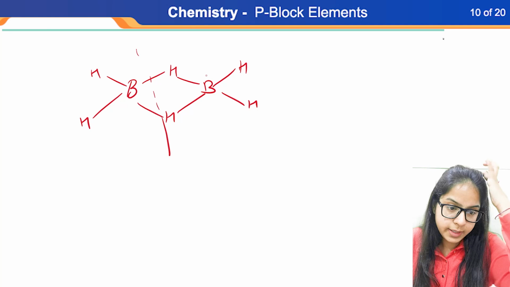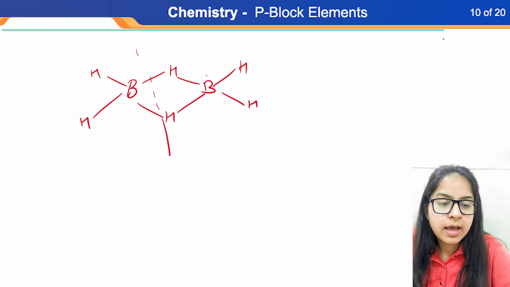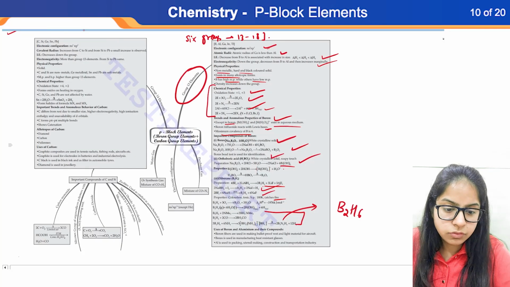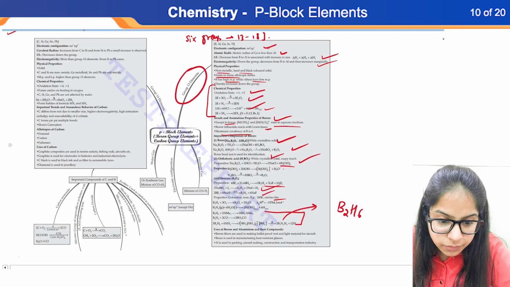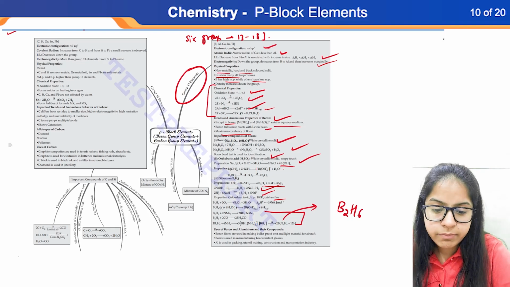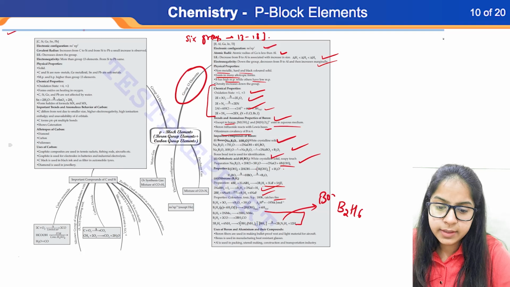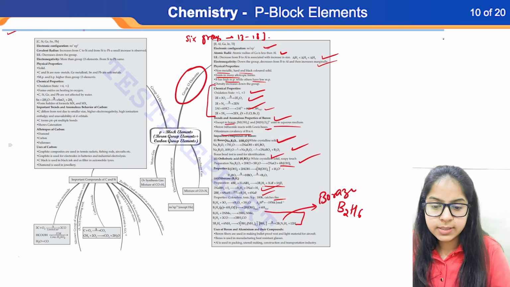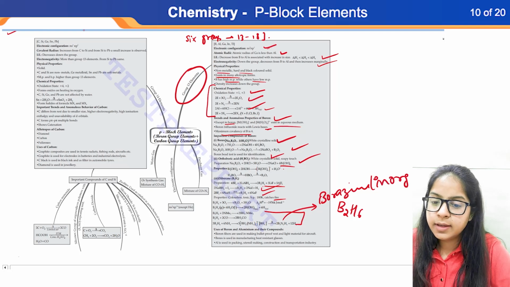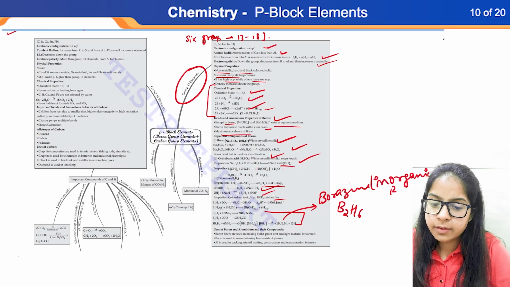Symmetrical bonding is when both borons have 3 hydrogens. Here it's an unsymmetrical bonding. So you are going to get [BH2(NH3)2]+ and BH4 negative, and on heating it will give borazine, B3N3H6. It's an inorganic benzene.